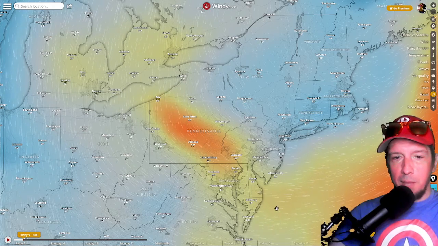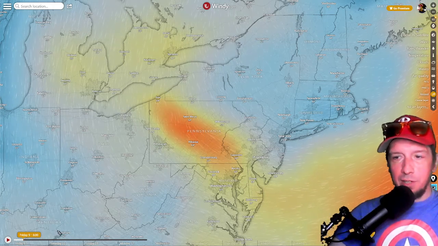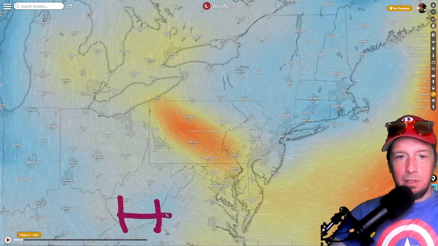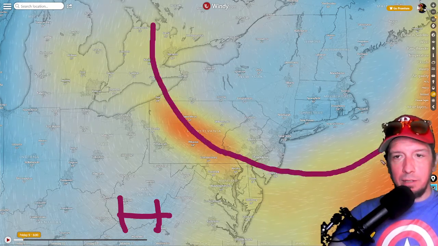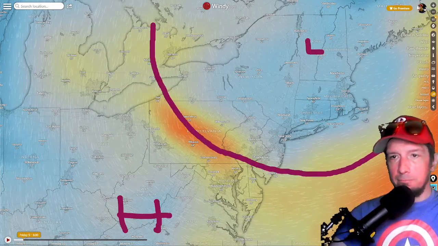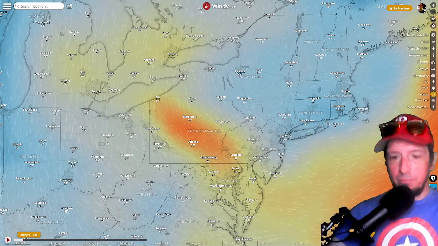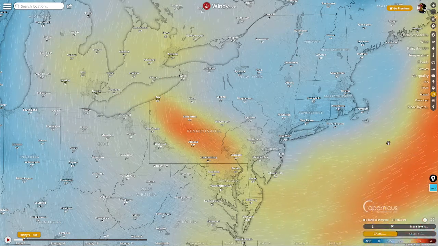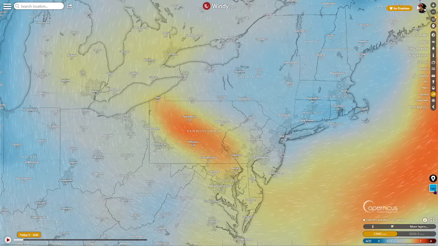That's caused by a blocking feature. There's some dry mass of air down here, and that's constraining this low pressure. So that's the situation, and it's going to continue here.